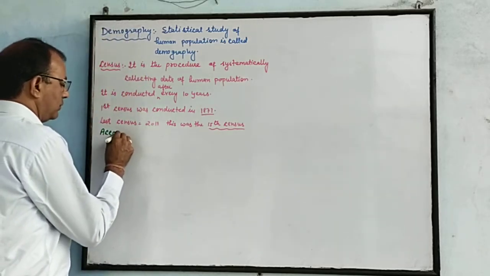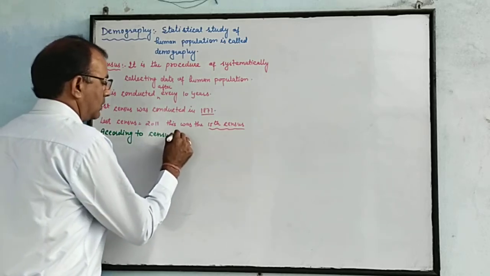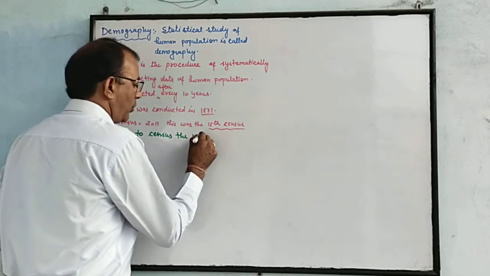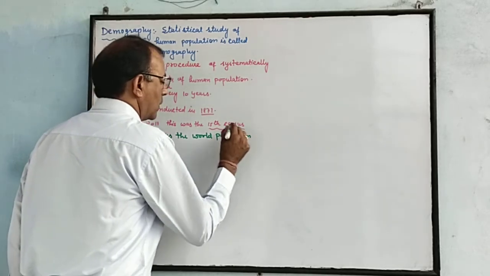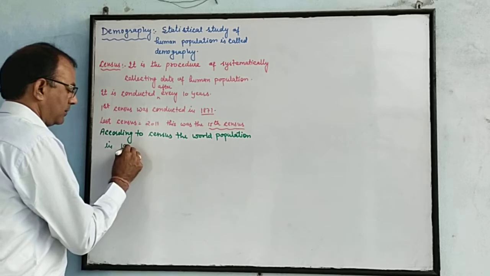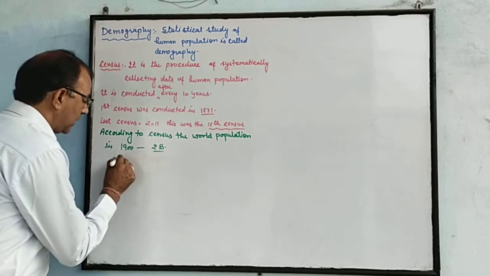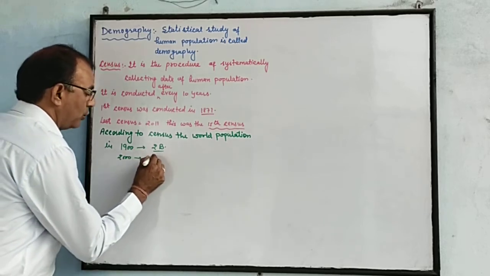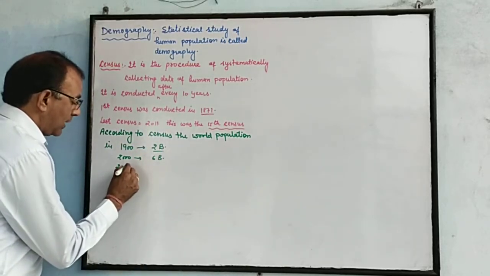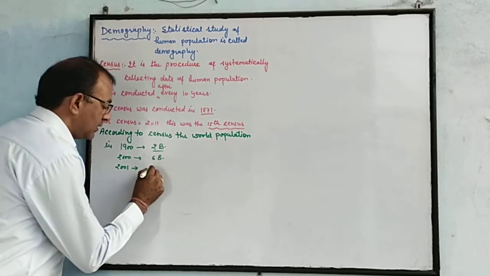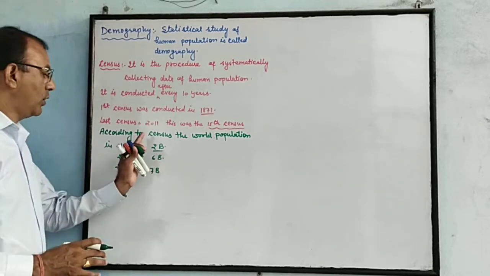According to census, the world population in 1900 was only 2 billion, in 2000 it increased from 2 billion to 6 billion, and in 2011 it rapidly increased to 7 billion.